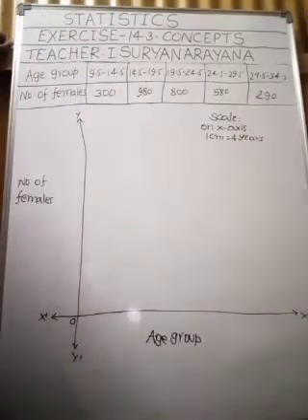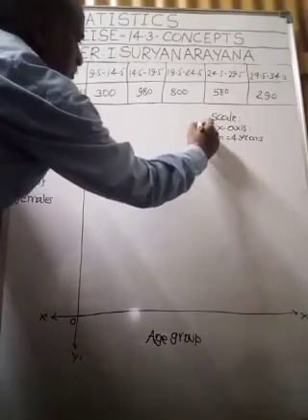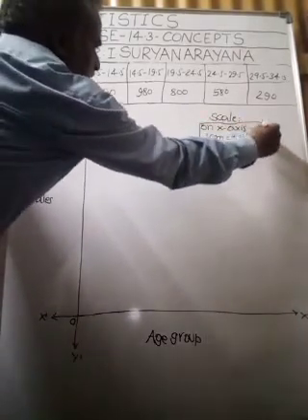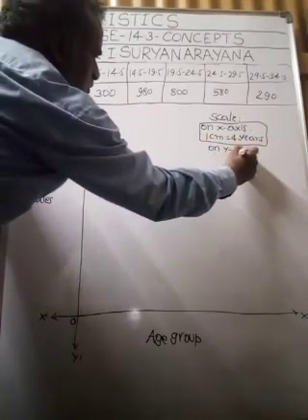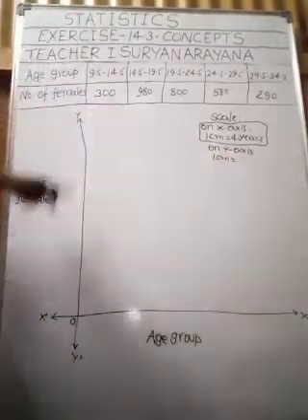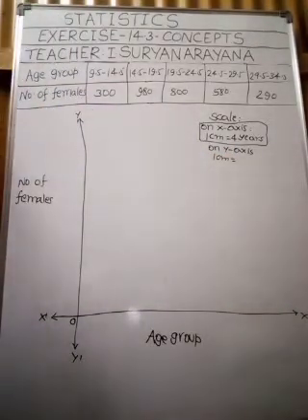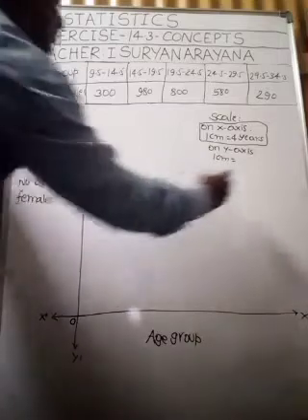Next, on the y-axis, 1 centimeter is equal to 100 females.